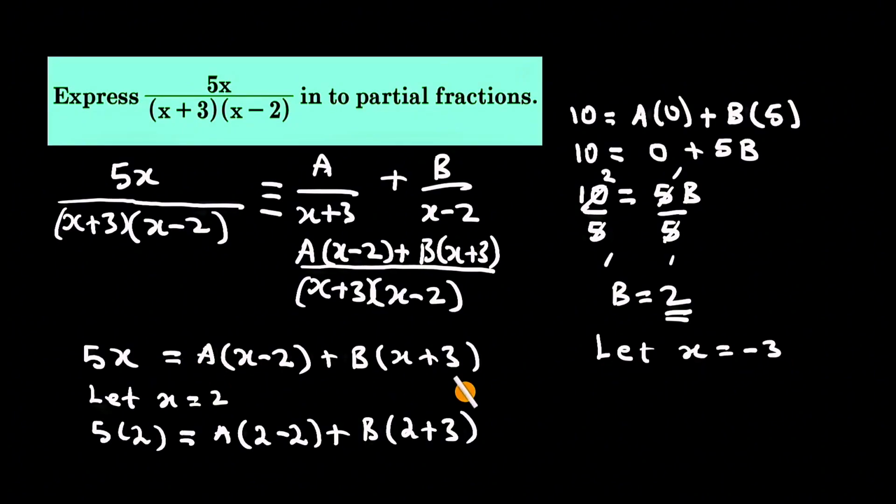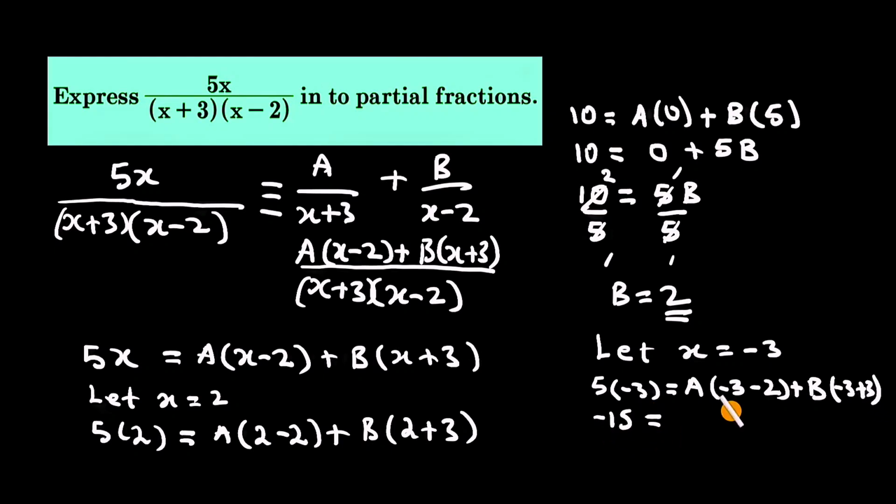Substituting x in this equation, I will have 5 into negative 3 is equal to A into negative 3 minus 2 plus B into negative 3 plus 3. 5 times negative 3 is negative 15, and here negative 3 minus 2 is negative 5.